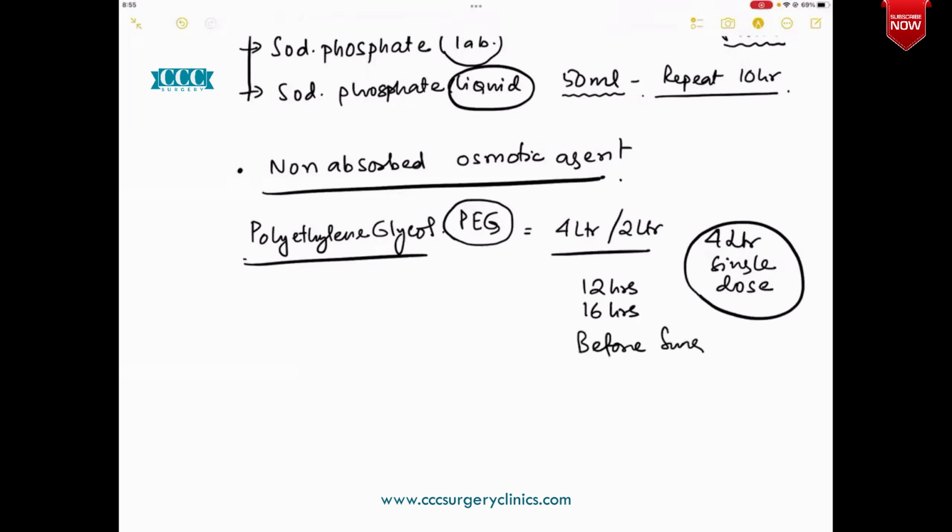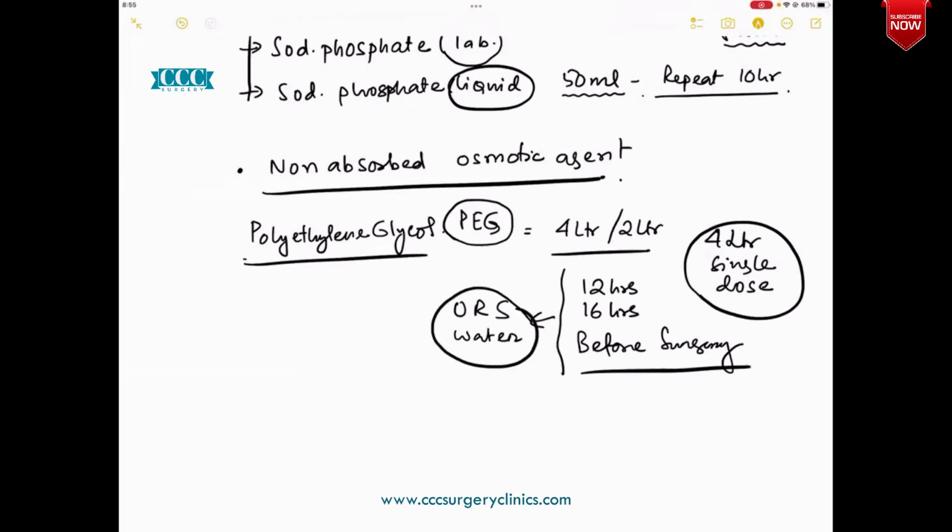After the drug is given, the patient is told that there will be lots of bowel movement. You need to drink a lot of ORS water, which is going to take care of the electrolyte problem. So people have added electrolytes to the polyethylene glycol also.